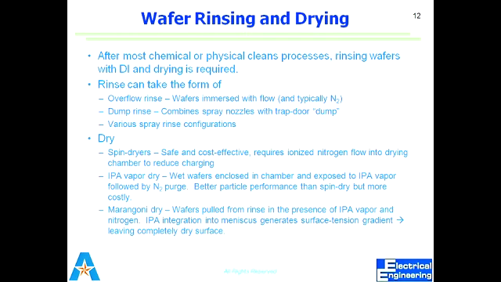The wafer was inside the DI water, and the ambient environment in the chamber was IPA plus nitrogen.